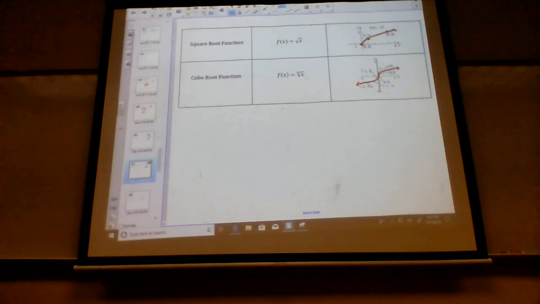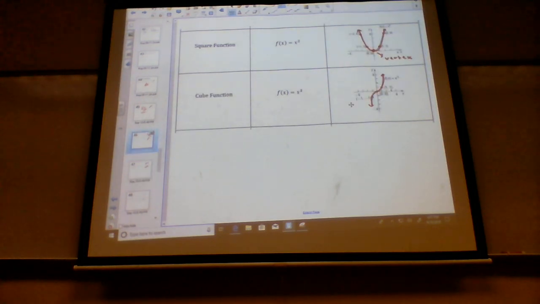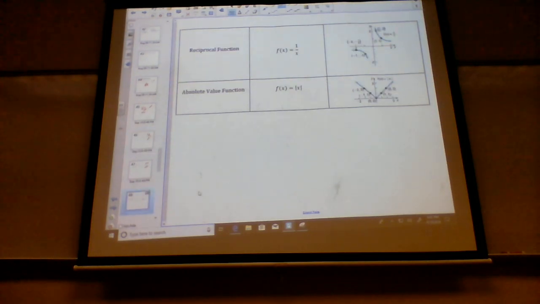Now, one thing I do want to tell you is that for all of these functions, you will have some very basic questions in this homework that simply give you a picture and you have to say, this is the cube function, or the square function, or the cube root function, or the identity function. So you're basically just matching the name to the graph in these easy questions. Those should be some really easy homework questions you can just reference this table for.